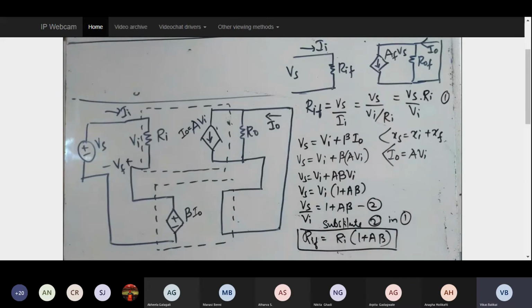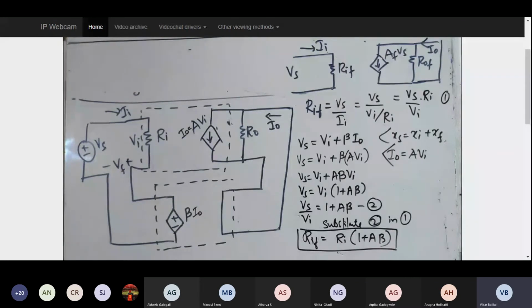Is it not the same expression that we obtained for our voltage amplifier that we did yesterday? Reply me. Yesterday, we did the voltage or series shunt feedback amplifier. Now it is a series feedback amplifier. Why is it the same? Because yesterday's circuit also had voltage at the input side, and today also at the input side we have voltage.